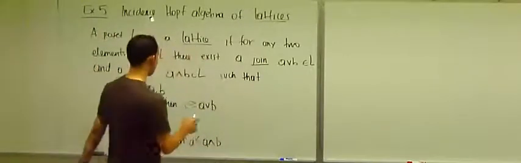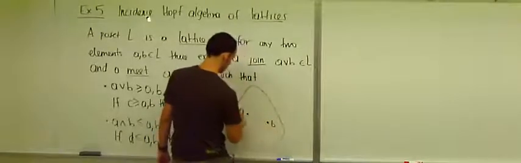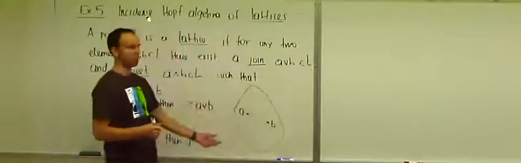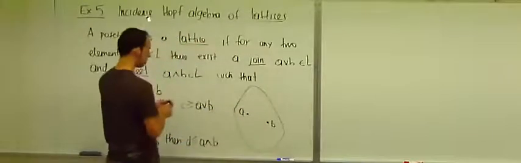And so if I draw this in the poset, imagine that I have the poset over here. That's some kind of blob, and going up in this picture means going up in the poset. Then the join is going to be the least upper bound.